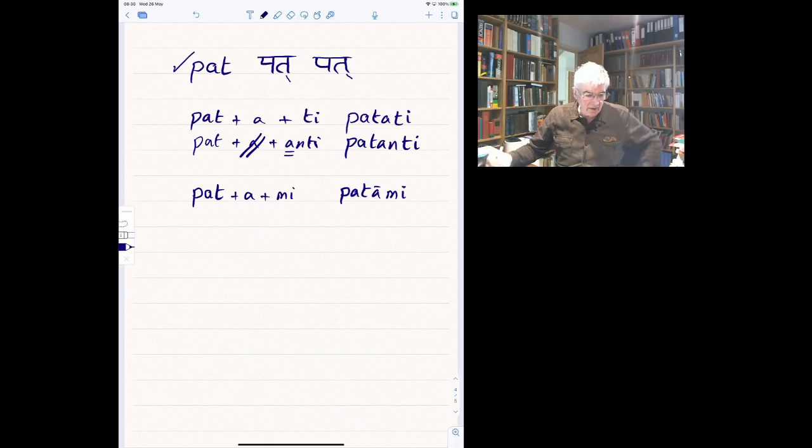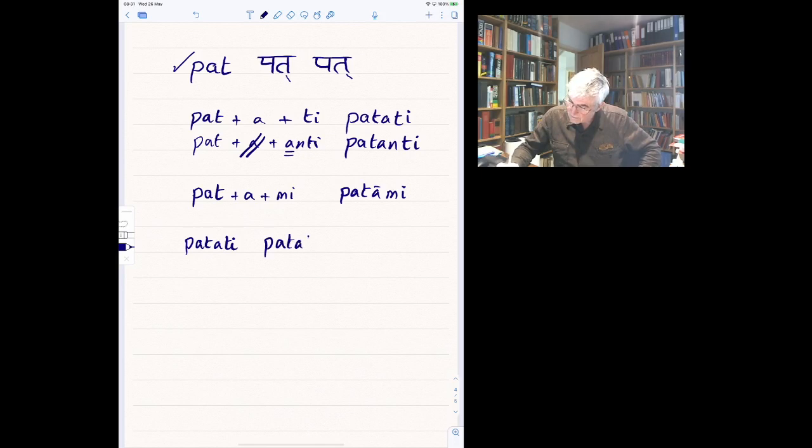So at the bottom line now, that is on page 26, he, she, or it falls is patati. They two fall, the two of them fall, is patatah. And they fall, that's three or more people in the plural, patanti.